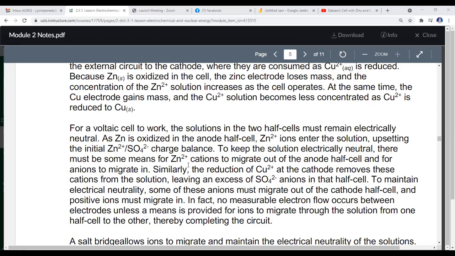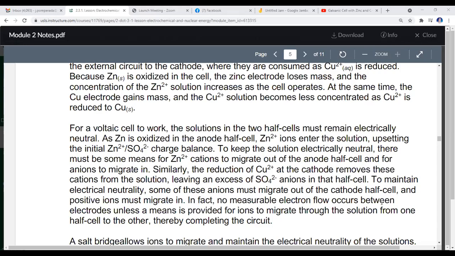So para hindi siya mag-remain deposited sa solution, kinahanglan may means siya nga i-transfer sa pihak and for anions to migrate. Similarly, the reductions of the copper 2+ at the cathode removes this cation from the solution, leaving an excess of the sulfate anion in that half cell.